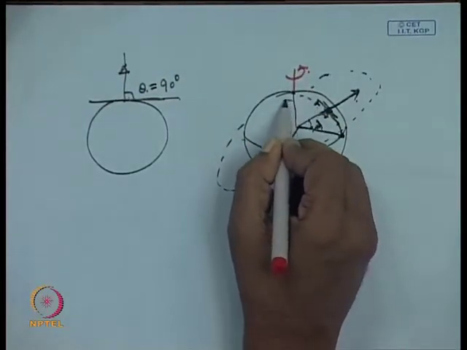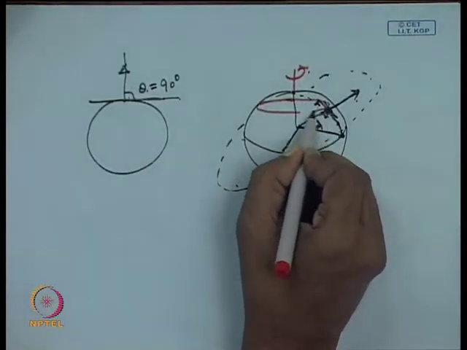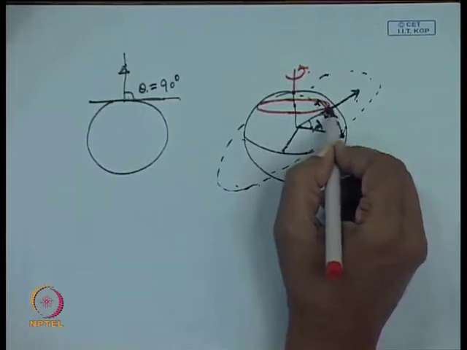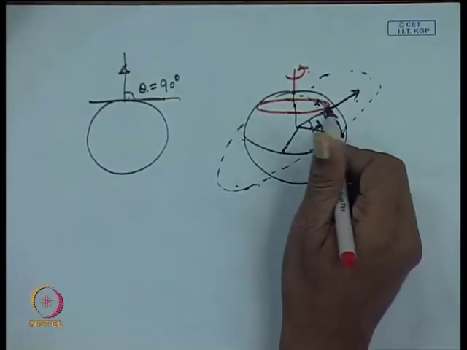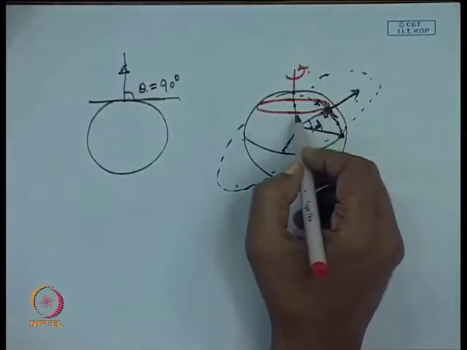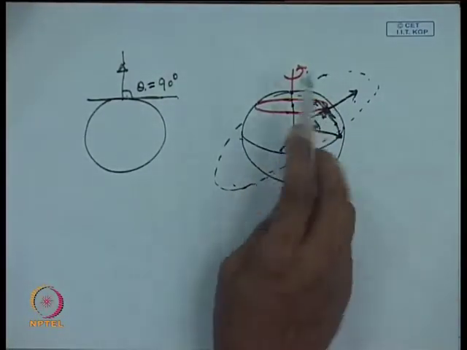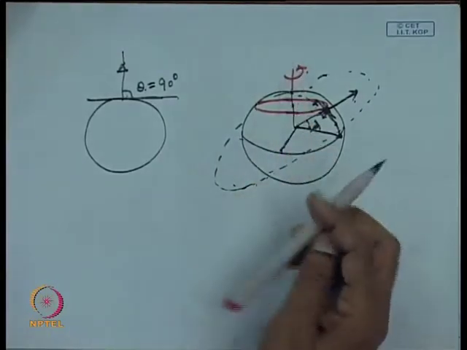So, here your station is also rotating in a circle, and therefore it imparts a certain initial velocity to the satellite in the inertial reference frame, just because of the spin or angular motion of the earth.